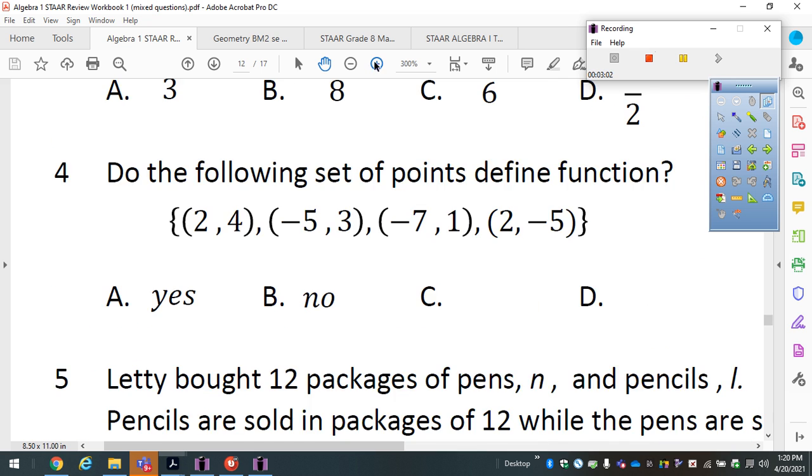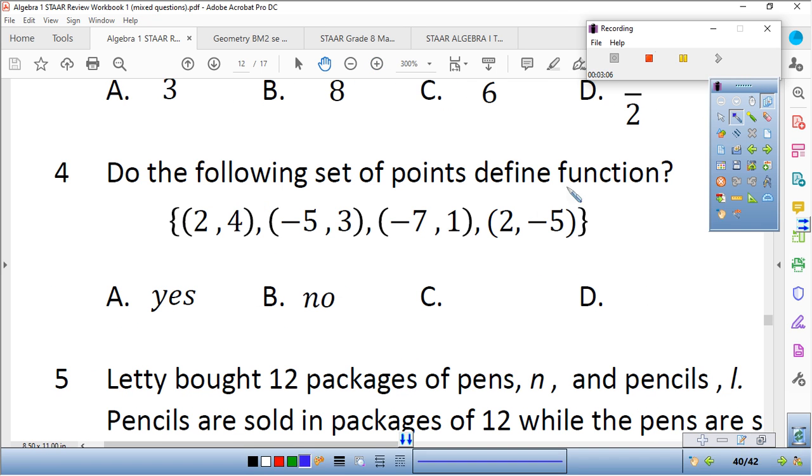Do they define a function? Ooh, this is like first six weeks, second week, or something like that, a long time ago. Function. For it to be yes, x's do not repeat. For no, x's do repeat. I don't even care about the y's.